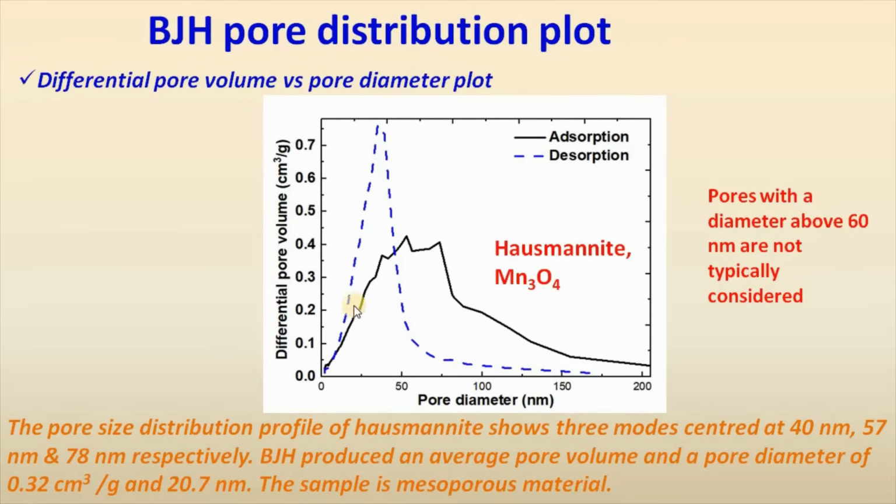So, I would like to show you how to plot a publication quality graph for BJH pore distribution for adsorption and desorption isotherm of BET.